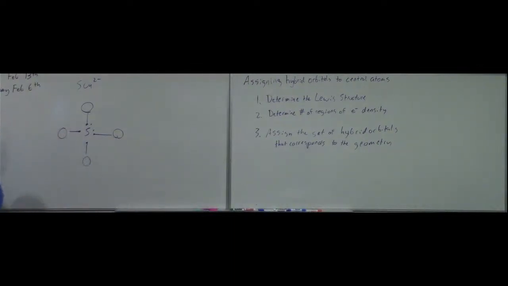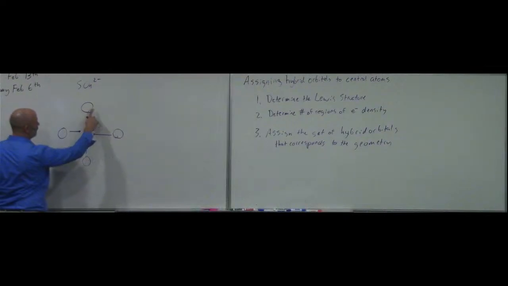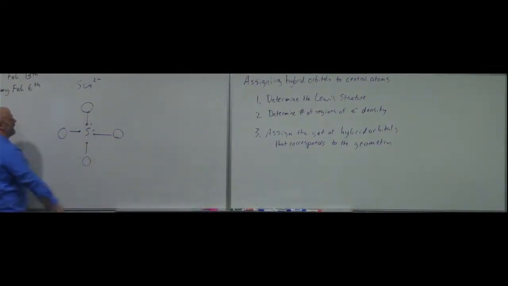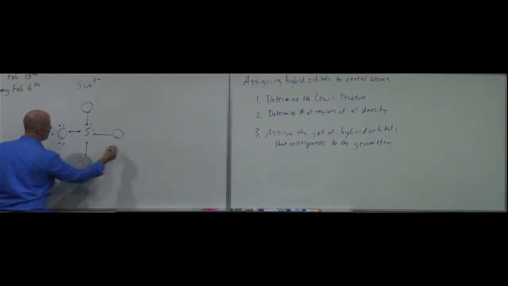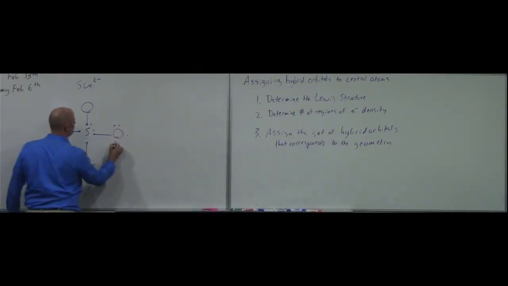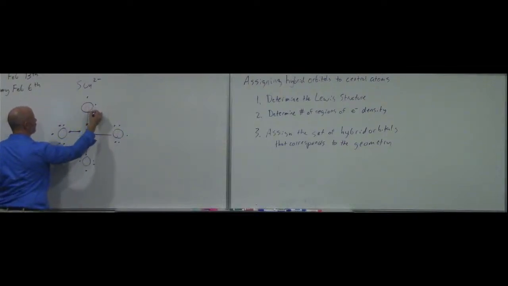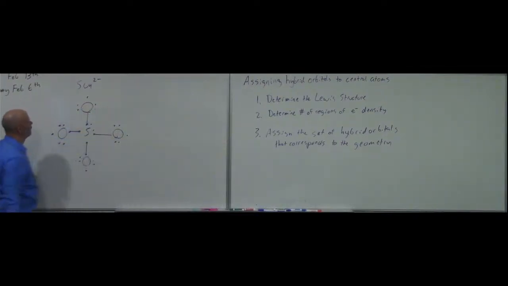Now I've got oxygens that are unsatisfied, right? Because each of these right now looks like this. None of these oxygens are satisfied, and I also have 2 more electrons to account for.